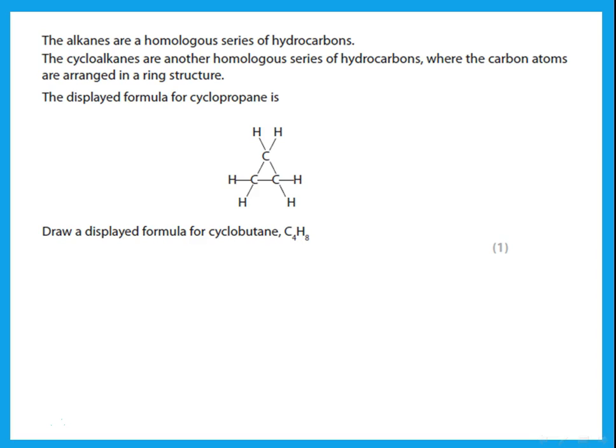Remember that I did not explain cyclo anything, but he's telling you. So don't be shocked if you see something you've never seen before. You just apply what we said. We said each carbon must have a total of 4 bonds, and he wants C4H8 in a ring structure. So it should look something like this.